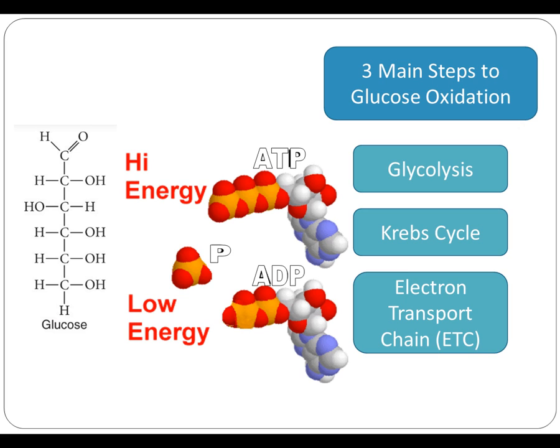So the electron transport chain uses NADH and FADH2 to do what? To transfer energy to make a whole heck of a lot of, what are we trying to make? A whole heck of a lot of ATP.